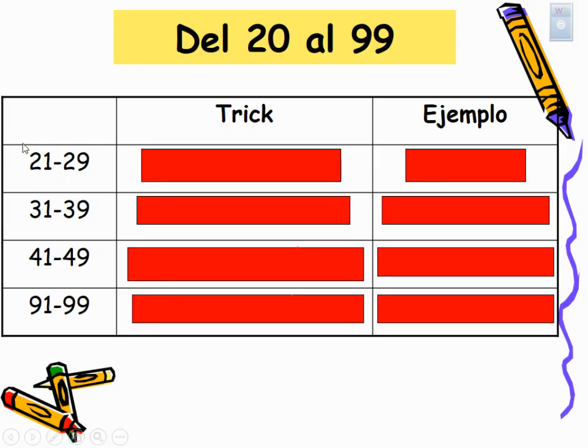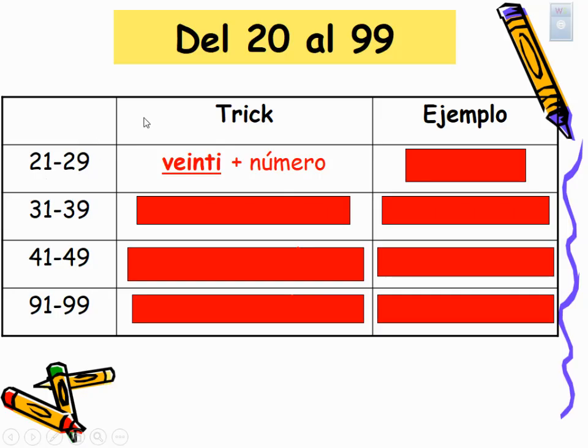So when it comes to numbers 21 to 29, the trick is that you write 20 and plus the number. Again, you go back to your base numbers: 1, 2, 3, 4, 5, 6, 7, 8, 9. So you go back to those base numbers.